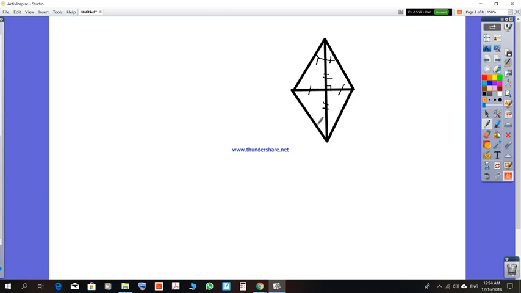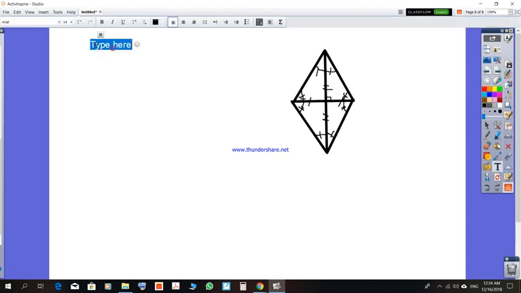Also this angle equals this one. For the second diagonal, also this angle equals this, like that.